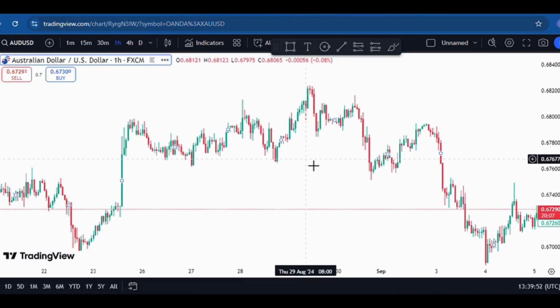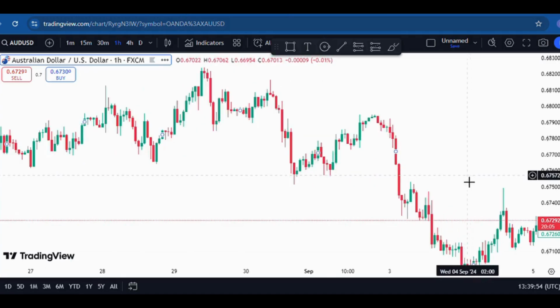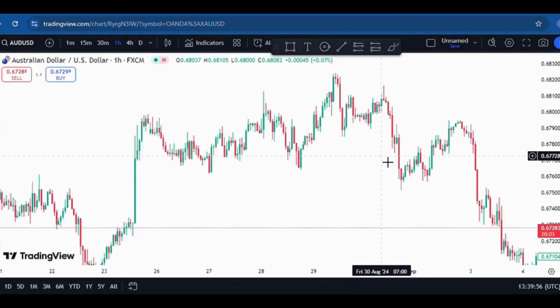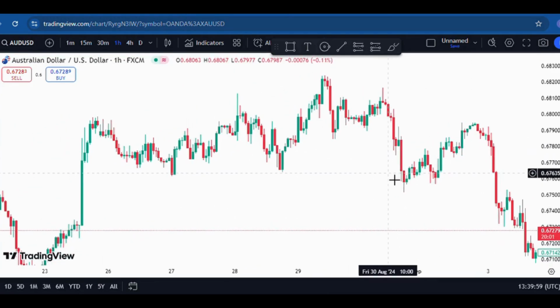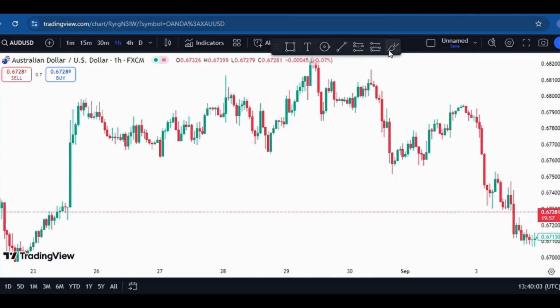So as you can see at this point, the market had formed support and resistance. This is a support and resistance chart. And for some of you that don't know, support and resistance looks like this.